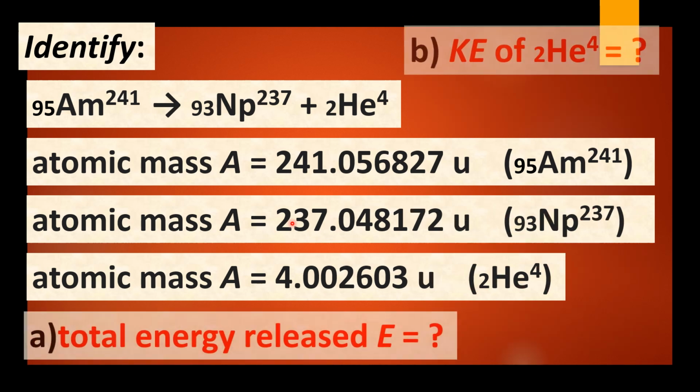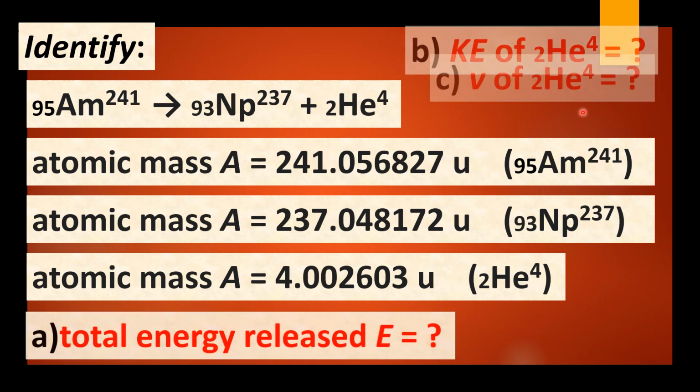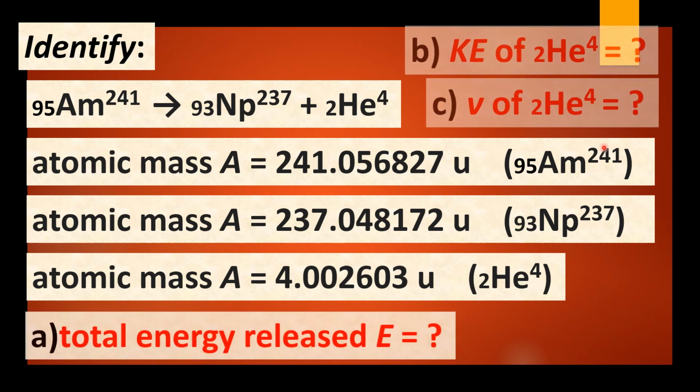Letter B, the kinetic energy of the emitted alpha particle. Take note, the americium nucleus is originally at rest. So for question letter C, we are to determine the associated speed of the alpha particle.